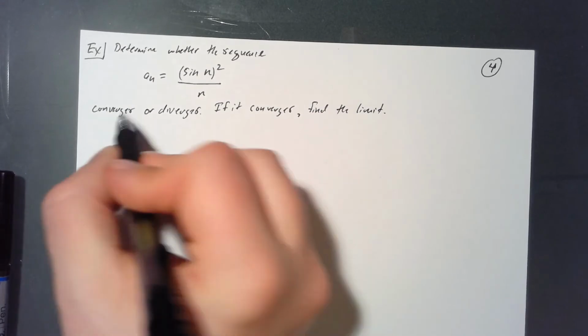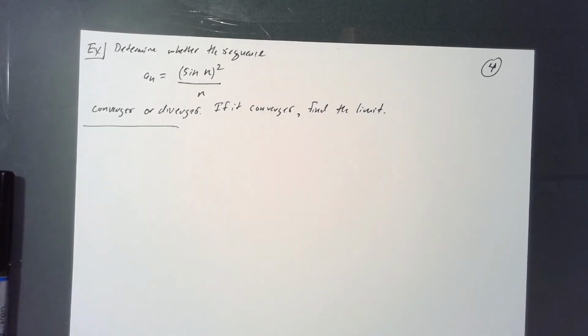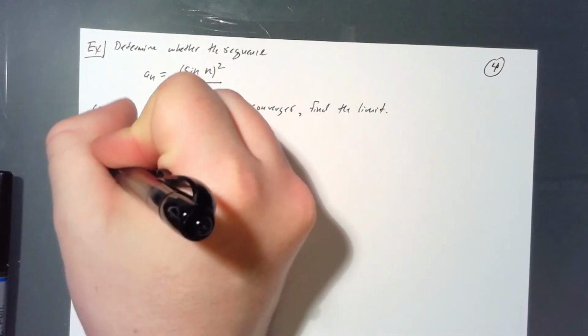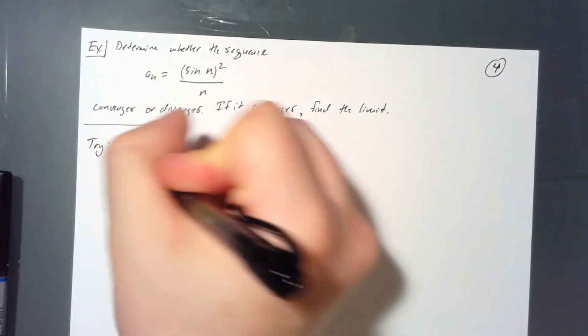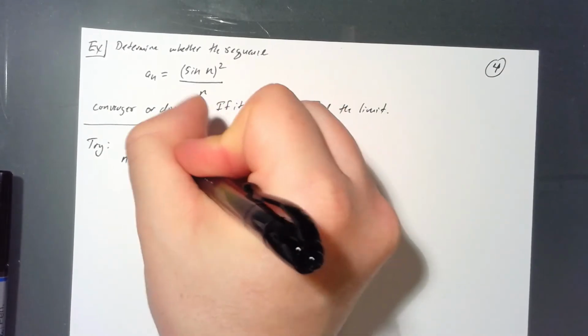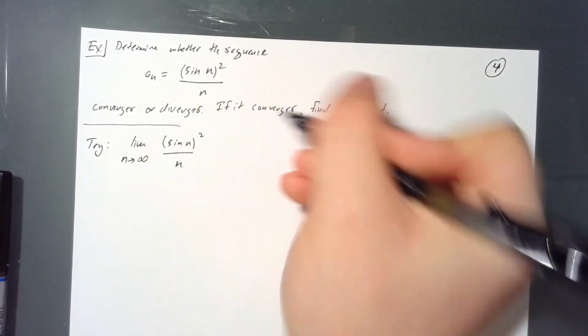All right. So the first thing you might try to do is just take this limit, right? All right. So let's try this. The limit as n approaches infinity of sine of n quantity squared over n.